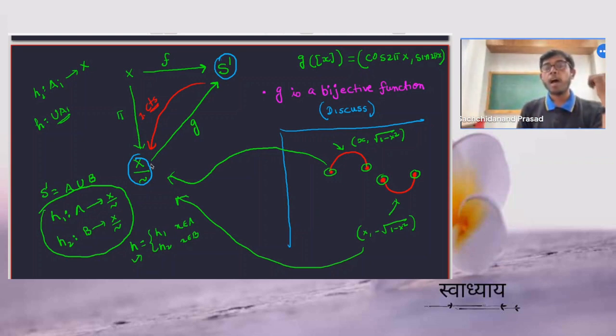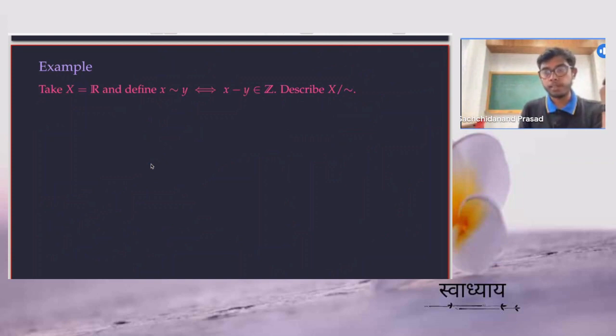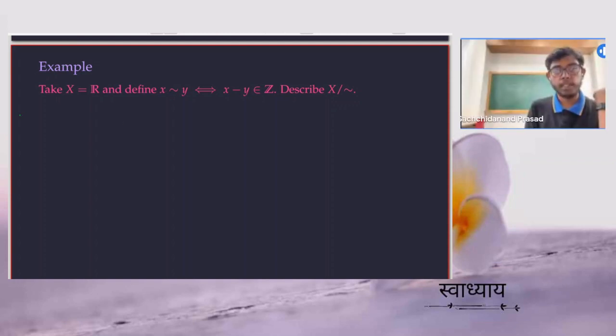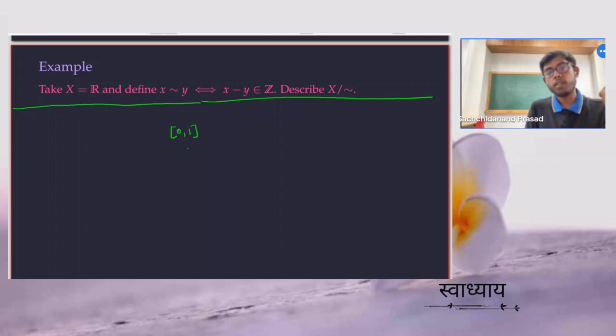Another way to show that: let me write down here. We got 0 1 to 0 1 mod tilde and S1, and this is my pi.